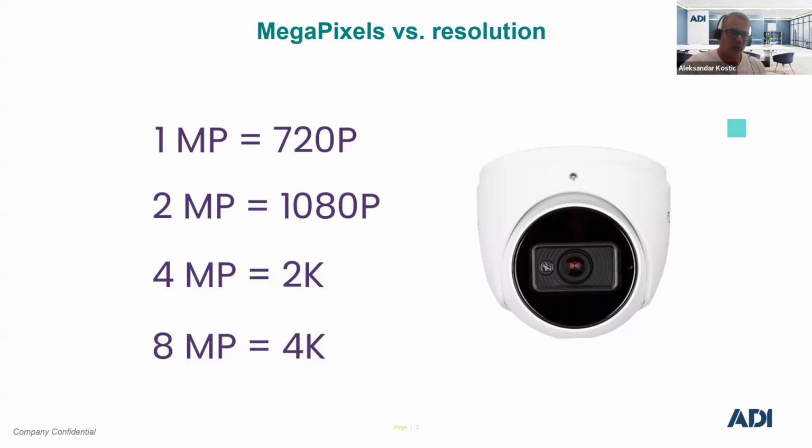All three form factors support the full range of video resolutions, from 2 megapixels, the entry level camera in Luma, all the way up to 8 megapixels, or full 4K camera.